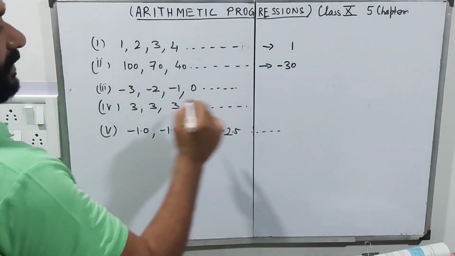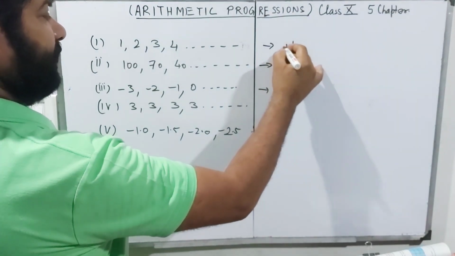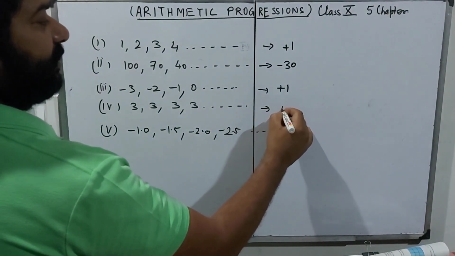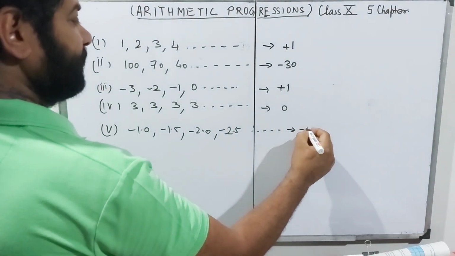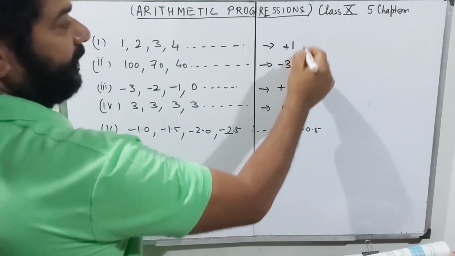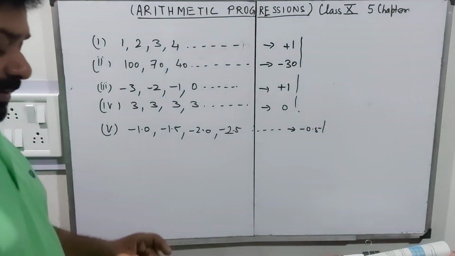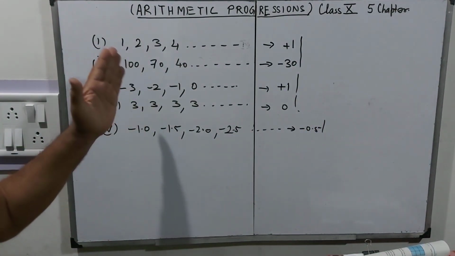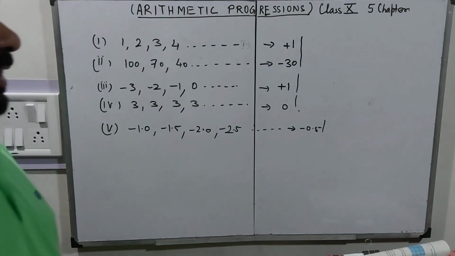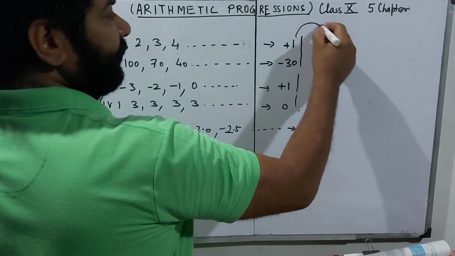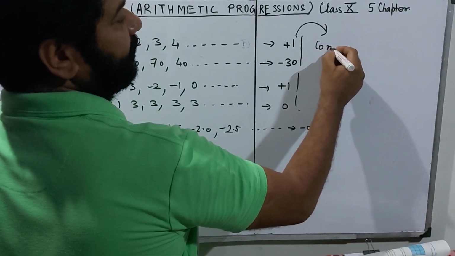In this case plus 1, in this case 0, and in this case minus 0.5. These are the numbers by which we add to the preceding term to get the successive term. These fixed numbers are called the common difference.